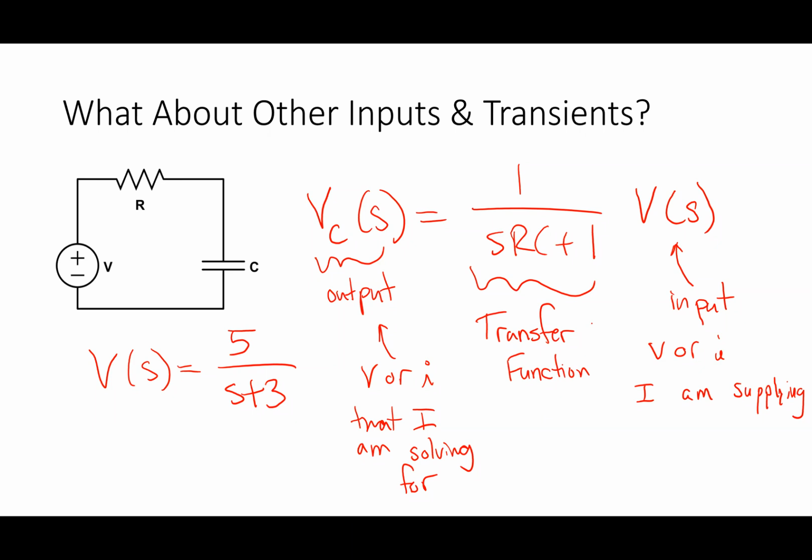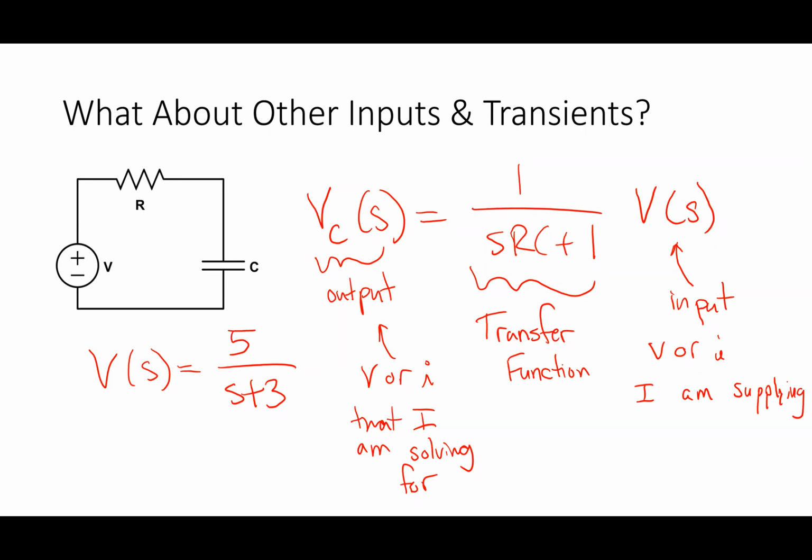Why do you think I call that the transfer function? What would be the reason for that terminology? Anybody have any ideas? Any thoughts on why I might call that a quote unquote transfer function? Yeah, because it tells me how the input transfers to the output, right?